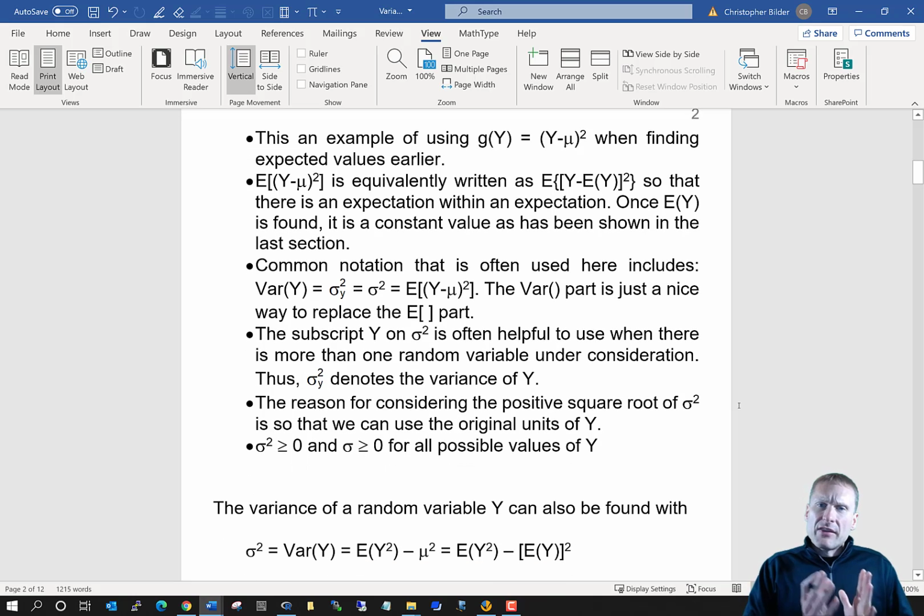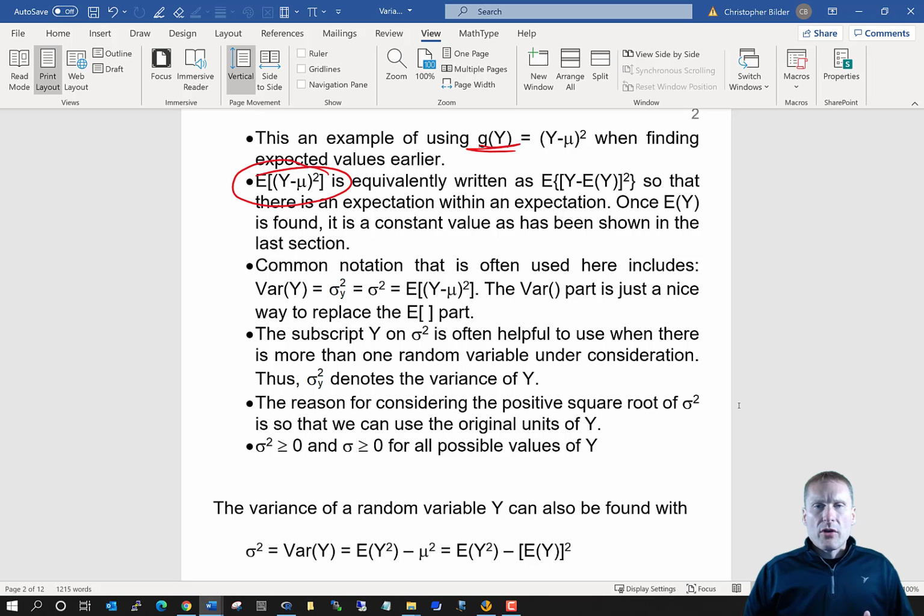But this measure of variability is much more widely used than working with that absolute value. So this expected value of y minus mu squared is just a special case of working with some function of y, that's g of y, that we saw in the previous subsection.